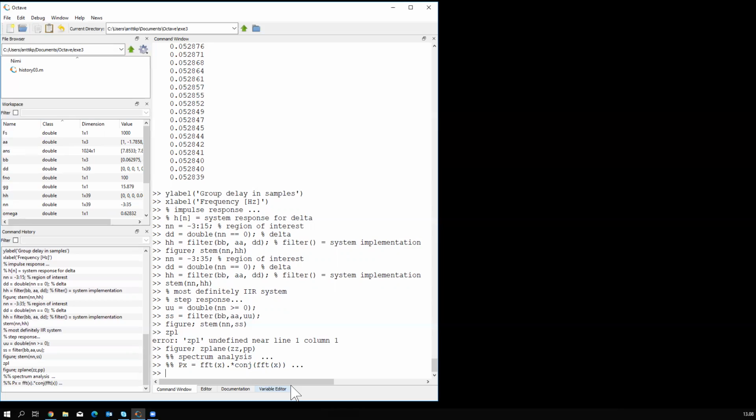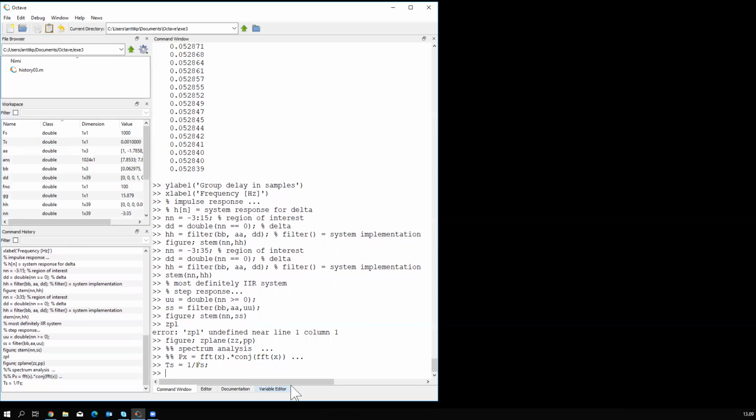Let's simulate a little bit. So we have the sampling time as 1 over fs.